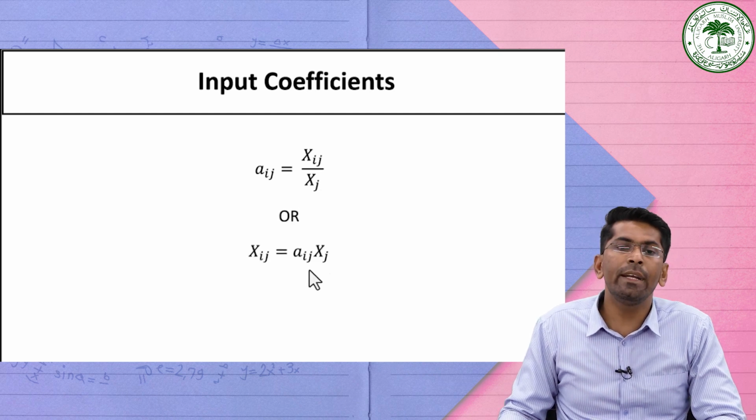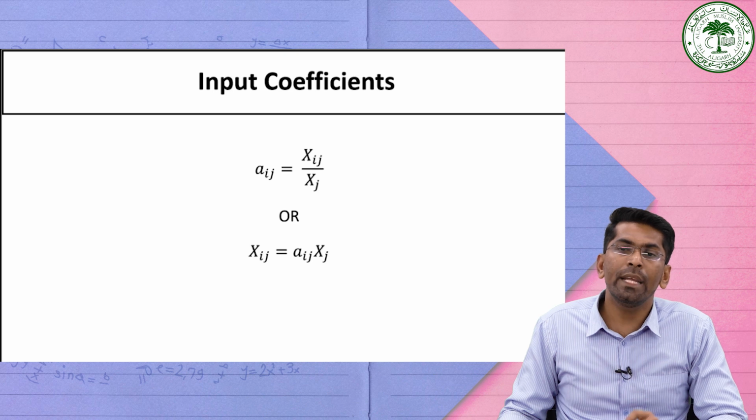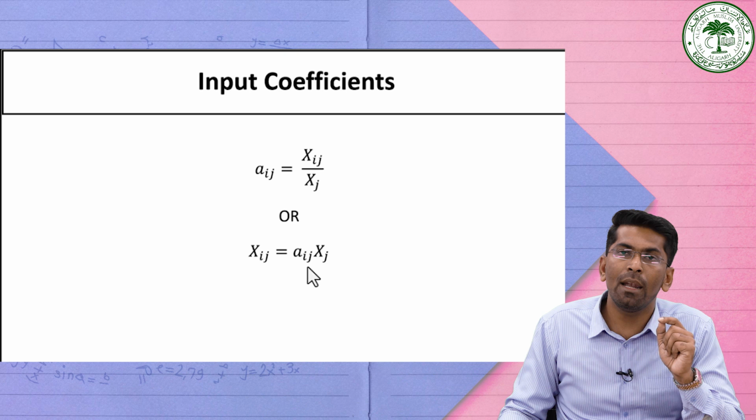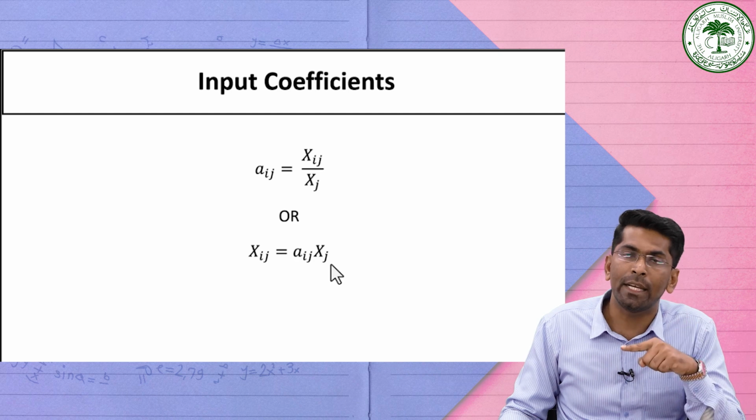You can also write it by taking Xj to the other side of the equation, so it goes to the numerator. We can rewrite this equation as Xij equals aij Xj, meaning the output of the ith sector used as an input for the jth sector is proportional to the output of the jth sector.